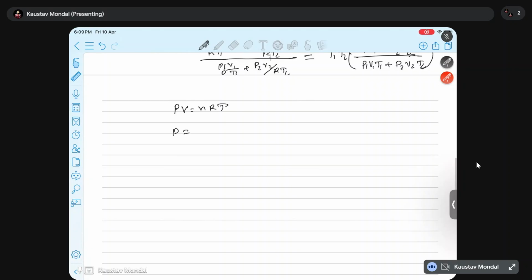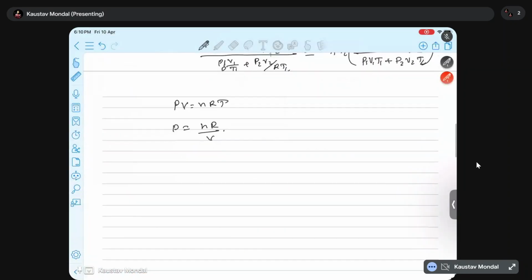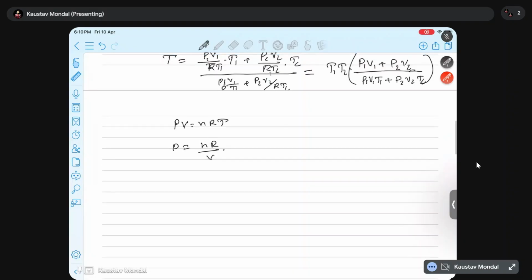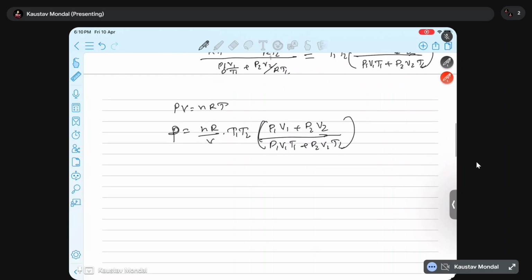So P will be nRT by V, and the T expression, you know, is simply T1 T2 (P1V1 plus P2V2) by (P1V1 T2 plus P2V2 T1). This will be the expression of the pressure.